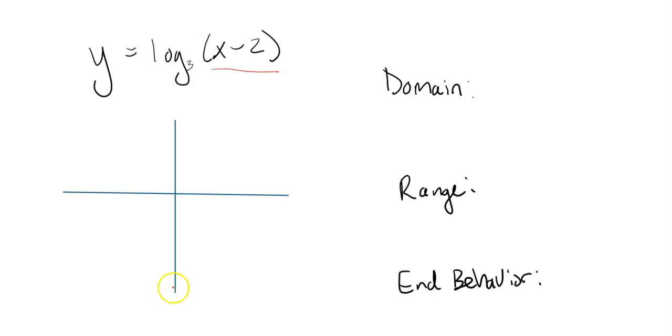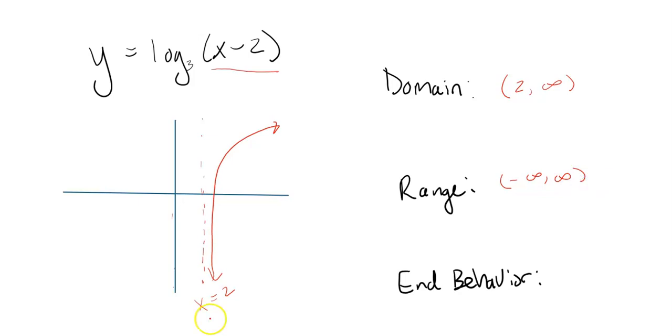So if my asymptote is normally at 0, I'm actually going to be to the right 2. And then I'm going to have that logarithmic shape. So my vertical asymptote is at x equals 2, which makes my domain 2 to infinity. My range is always all real numbers. So again, this is matching this value.